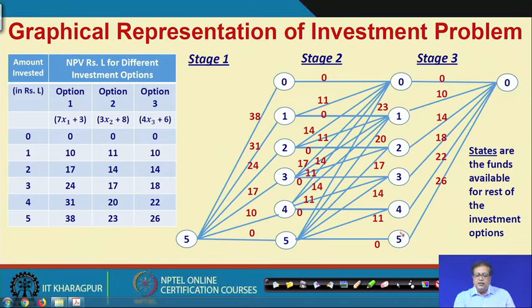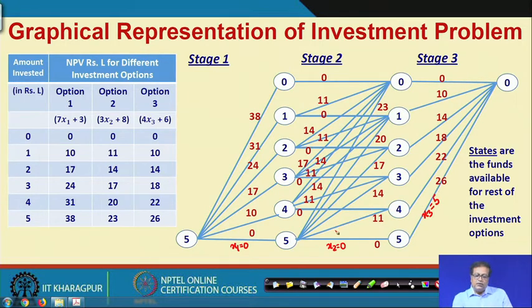Now, at stage 3, assuming that we have not invested anything, that is x 1 equal to 0, x 2 equal to 0, then obviously we have the entire 5 amount remaining after stage 2. So, if we invest the entire amount at the third stage, then we shall have x 3 equal to 5.